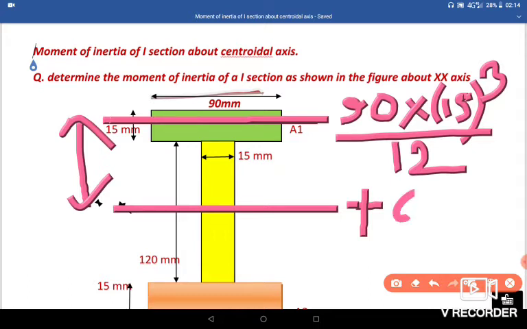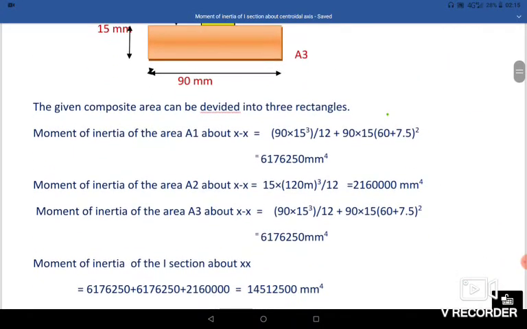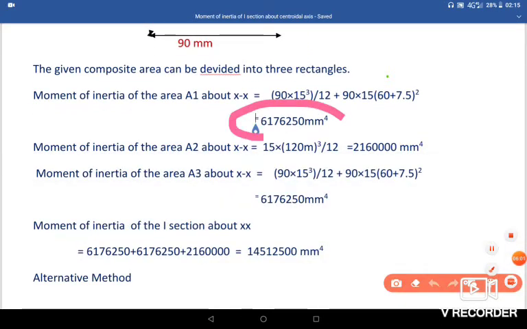So 67.5 squared into 90 into 15, which is the area. I have written that here, and after calculating, the result will come this one.